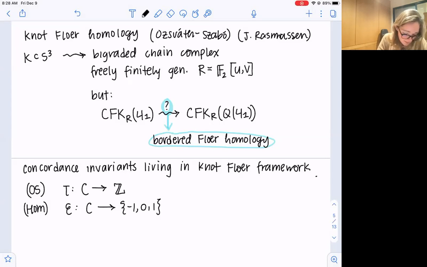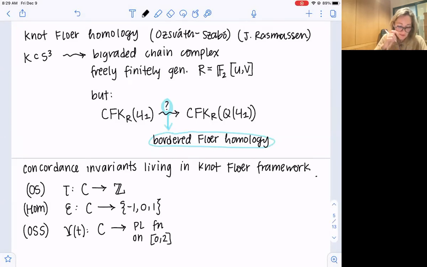And due to Ozsvath, Stipsicz, and Szabo, there's upsilon, which assigns a piecewise linear function on the interval 0 to 2. In particular, these invariants are helpful for obstructing smooth sliceness. If we get any non-zero answers for any of these, we can conclude that our knot is not smoothly slice.